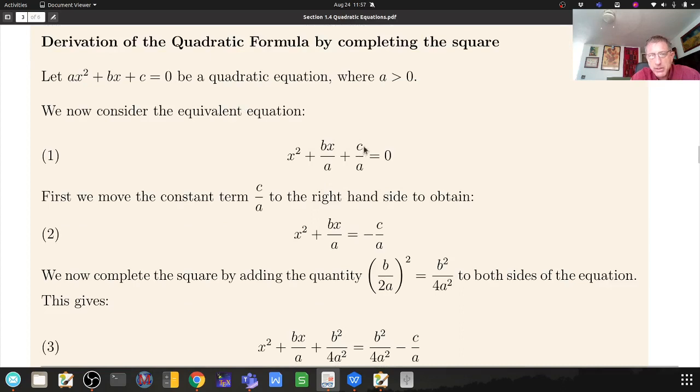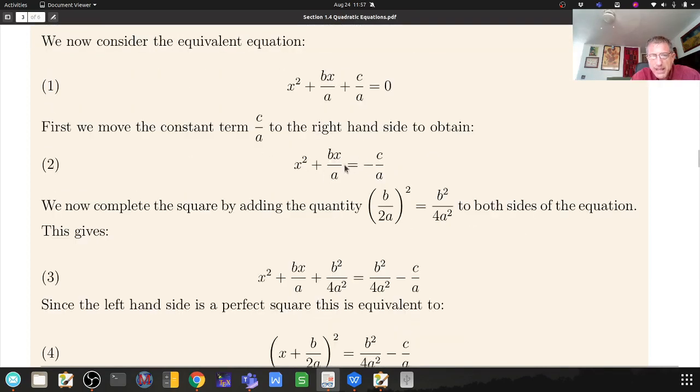Now what do we do? We take the constant term, we're completing the square, and we move it to the other side, and then we get this. Now I find the coefficient on the x term, which is b divided by a, and I multiply it by 1/2 or divide by 2. They're the same thing. And I square it.